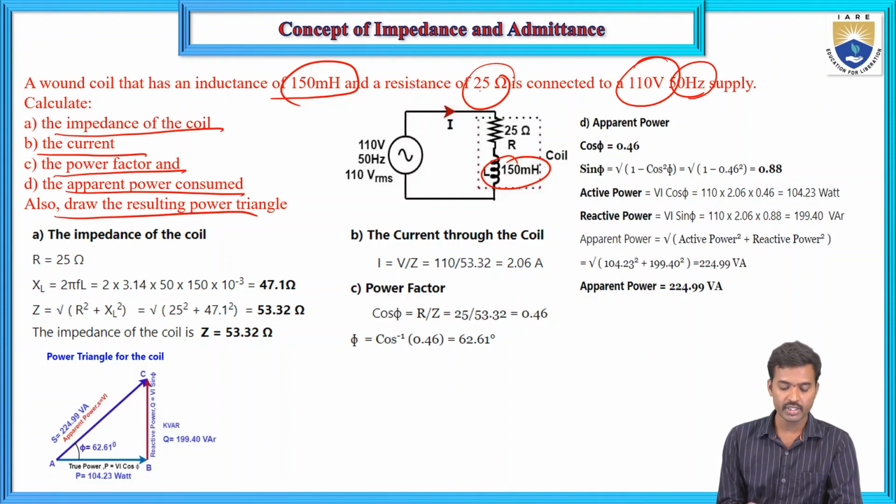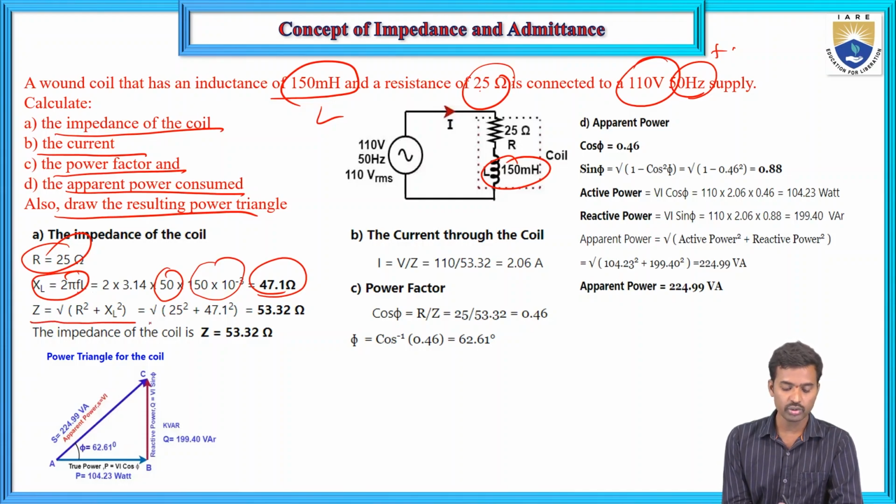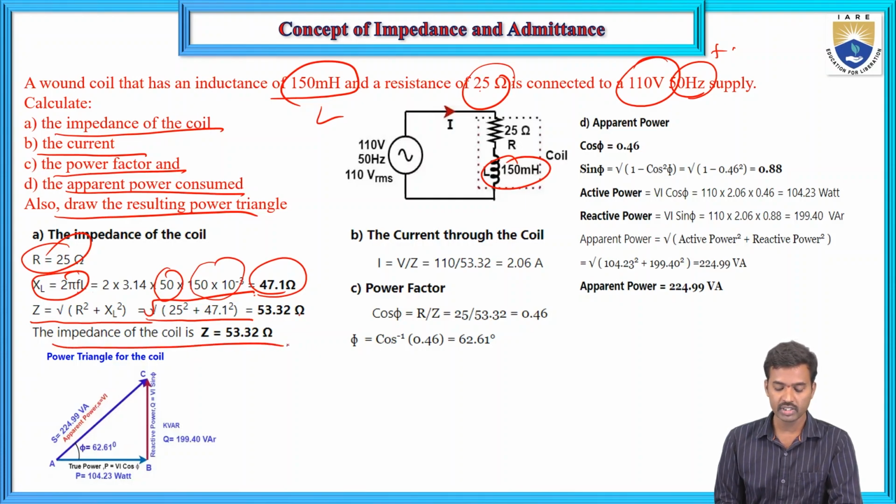Impedance equals R plus jXL, where XL is 2 pi F L, with F the frequency and L the inductance value. That value is 47.1, and Z equals square root of R square plus XL square, that equals square root of 25 square plus 47.1 square, which equals 53.32. So this is the impedance.